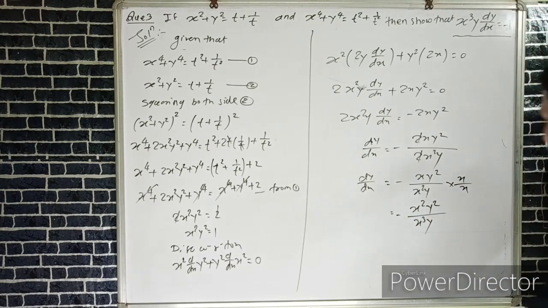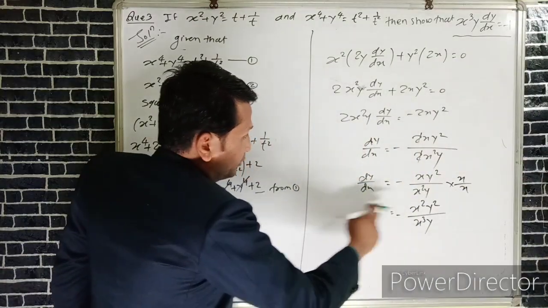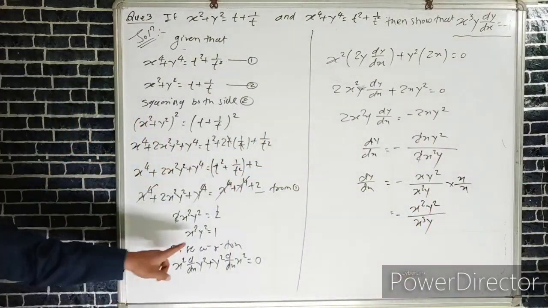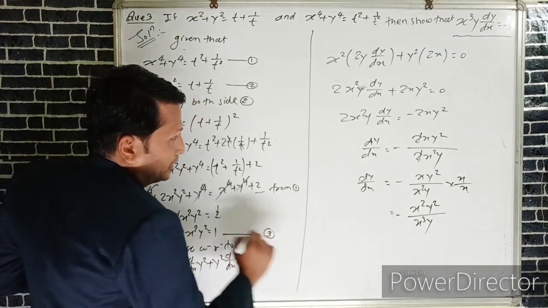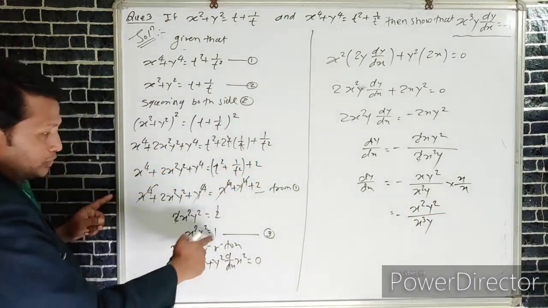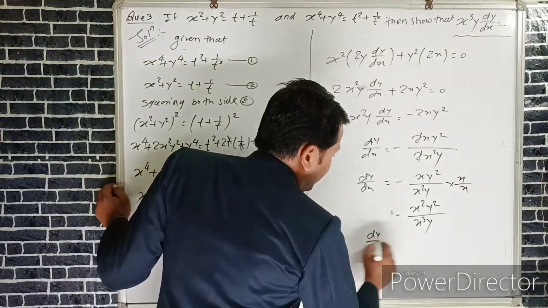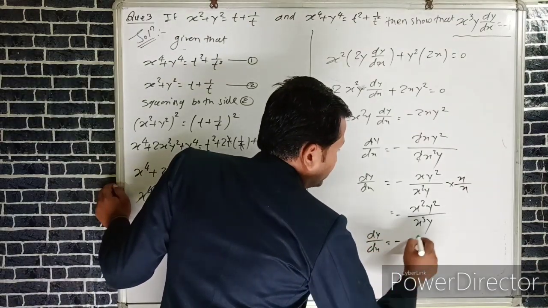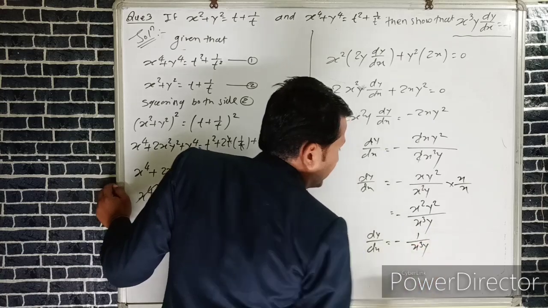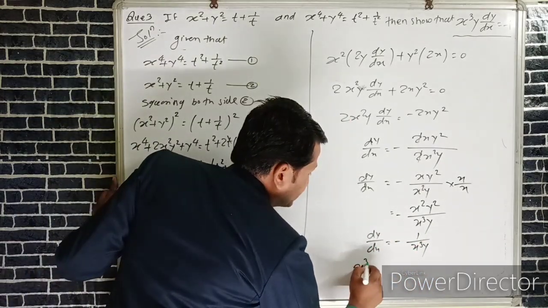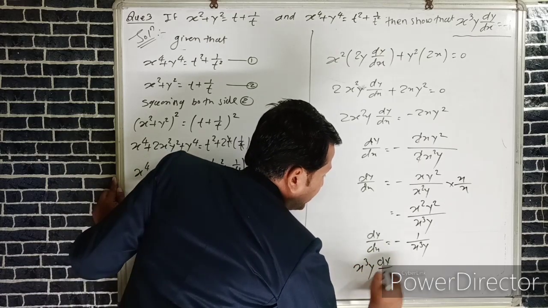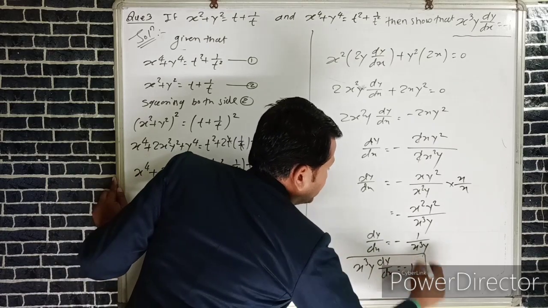We want to prove this is minus 1. Here we know that the value of x square into y square is equal to 1. If we substitute this value x square into y square, which is 1, we can write dy upon dx equals minus 1 upon x cube y. If we take this x cube y to the left side, we can write x cube y into dy upon dx equals minus 1.